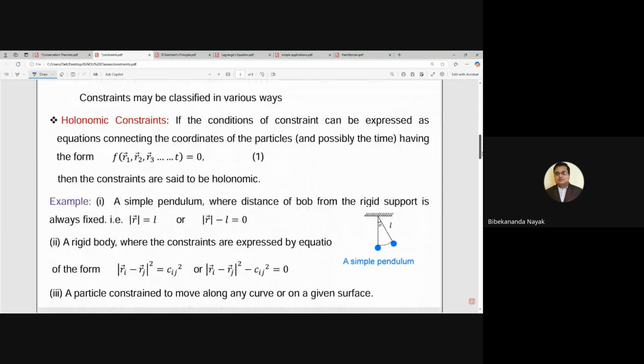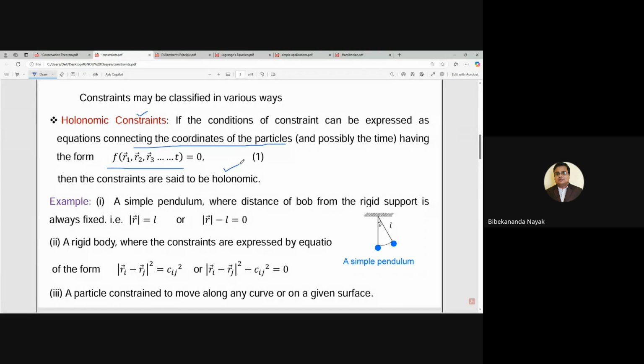Now, constraints may be classified in various ways. Holonomic constraints: if the condition of constraint can be expressed as equations connecting the coordinates of the particles, having the form function of r1, r2, r3 or coordinates and time equal to 0. Time is optional. Then we call it a holonomic constraint.